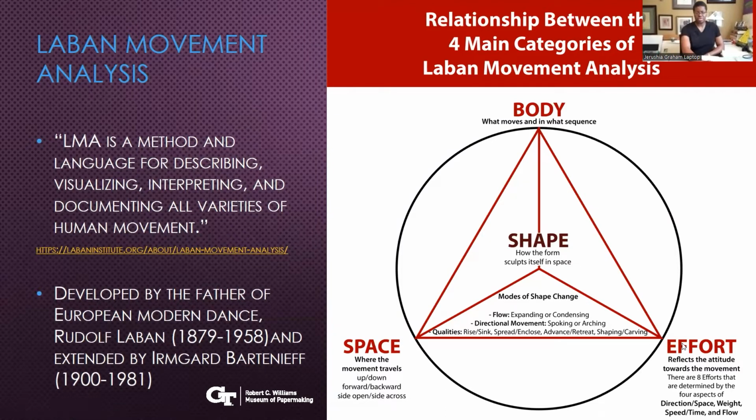There's the body. And so the body is what's moving and in what sequence, right? So if I'm moving my arm, the arm is a descriptor of multiple parts working together. It's not just the arm, right? I have my shoulder socket, I have the upper arm, the elbow, the lower portion of my arm, my wrist, my palm, and then the digits that are at the end of the palm, right?